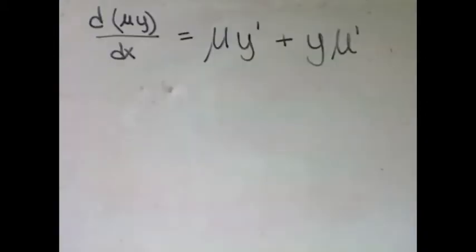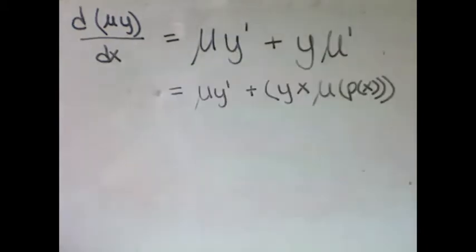When deriving the equation, we first start off with d of mu times y over dx equals mu times y prime plus y times mu prime. Based on a later discussion, I know that mu prime equals mu times p of x. Therefore, I'm going to substitute mu times p of x for mu prime and rewrite it as y times mu times p of x.